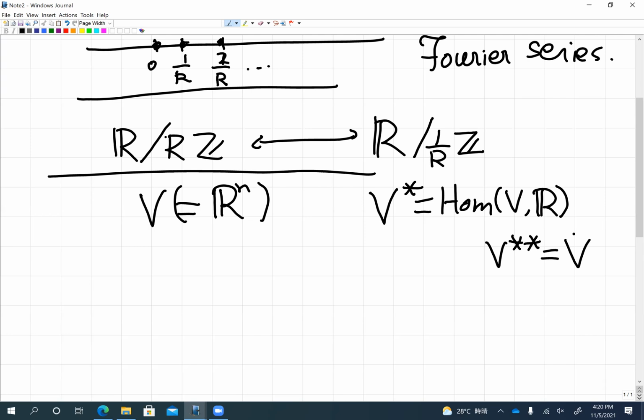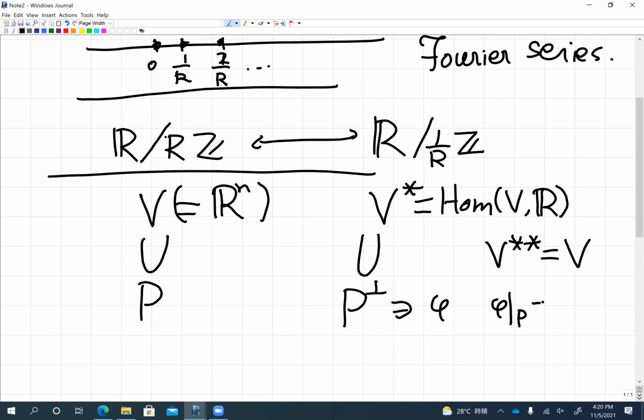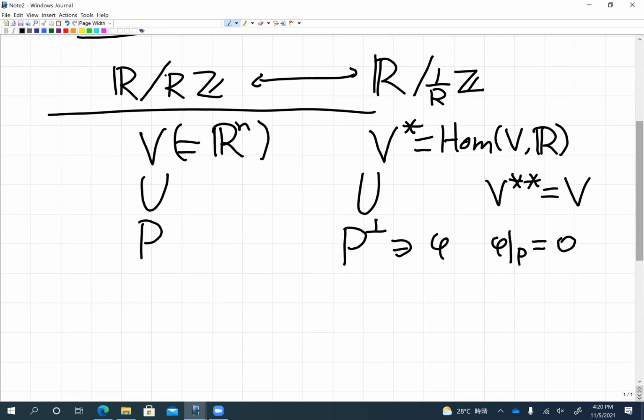Among this, another thing is if you have a subspace, a linear subspace P, you can look at a dual subspace. This is called P perp, which are all the elements here which vanish on P. It also has this duality behavior that if you apply it twice, you get back itself.